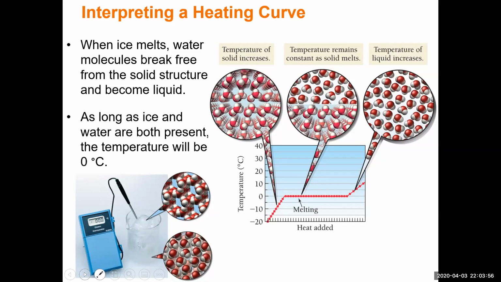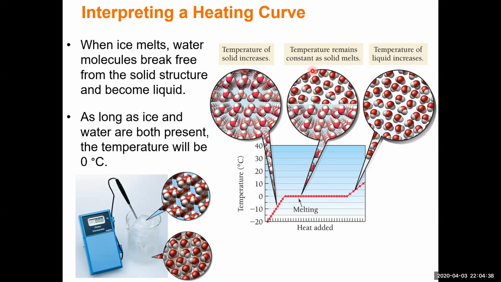So if we look at the heating curve here, we see that below 0 degrees, we are in the solid state. Once we reach 0 degrees, we are now adding more and more heat, which just increases the speed of melting, which means that we are now going from a solid state, shown here, into a liquid state, shown here.